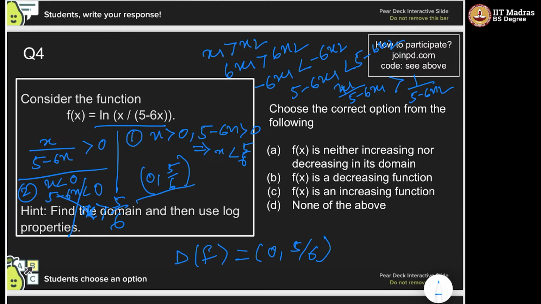So we can take x1, x2 here and check that this satisfies the inequality. That means this is an increasing function in the domain, because x is in this domain, so all the steps are satisfied. So f is an increasing function in the domain. Clearly options A, B and D are incorrect, and option C is correct.